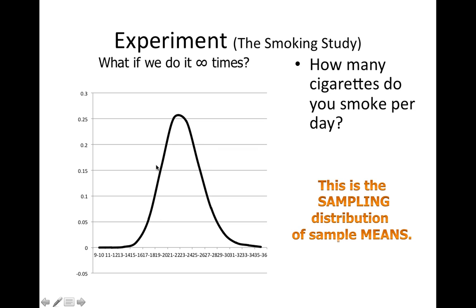Does this distribution look familiar? Yes, it's a normal distribution. In fact, it's de Moivre's theorem that saves us. De Moivre's theorem says that if we do an experiment over and over and over again, we will wind up with a normal distribution of outcomes. This is a sampling distribution of sample means.